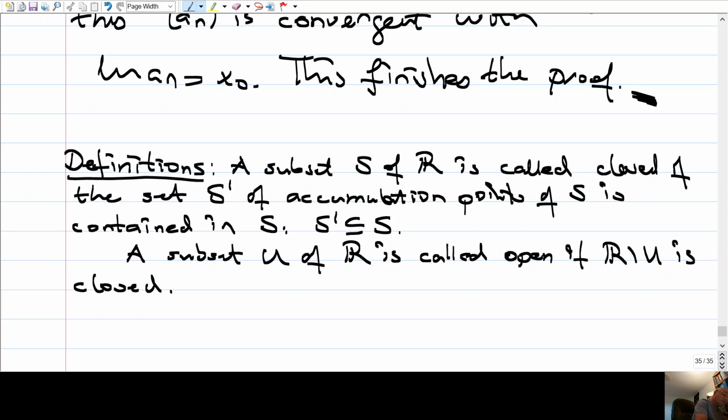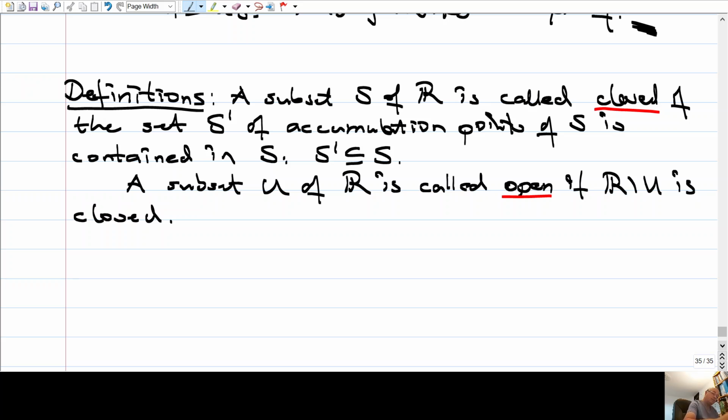We define closed subset. So a set is closed if it contains its accumulation points, and it's called open if its complement is closed. Okay, these are the definitions. Let's see some examples.